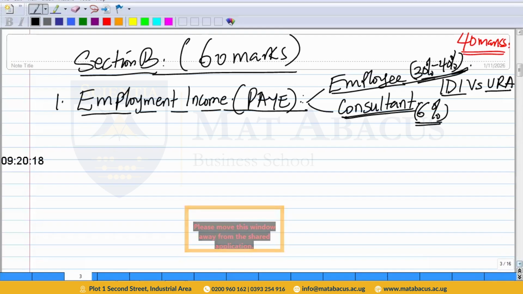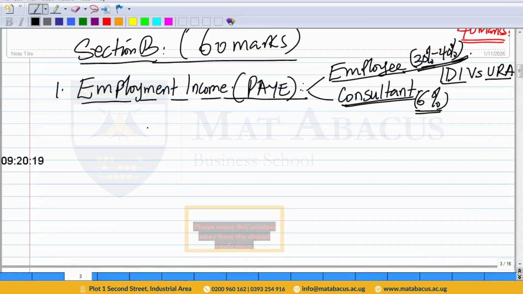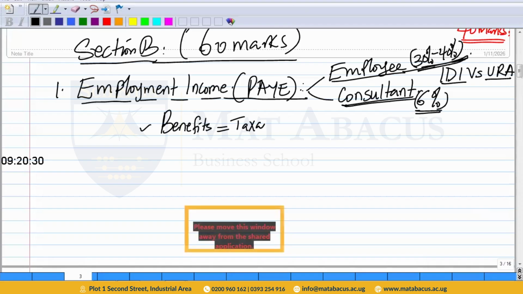In here, it is where we shall look at the benefits that are taxable. So when you are employed, you earn, your employment gives you benefits. So you may have accommodation as a benefit.